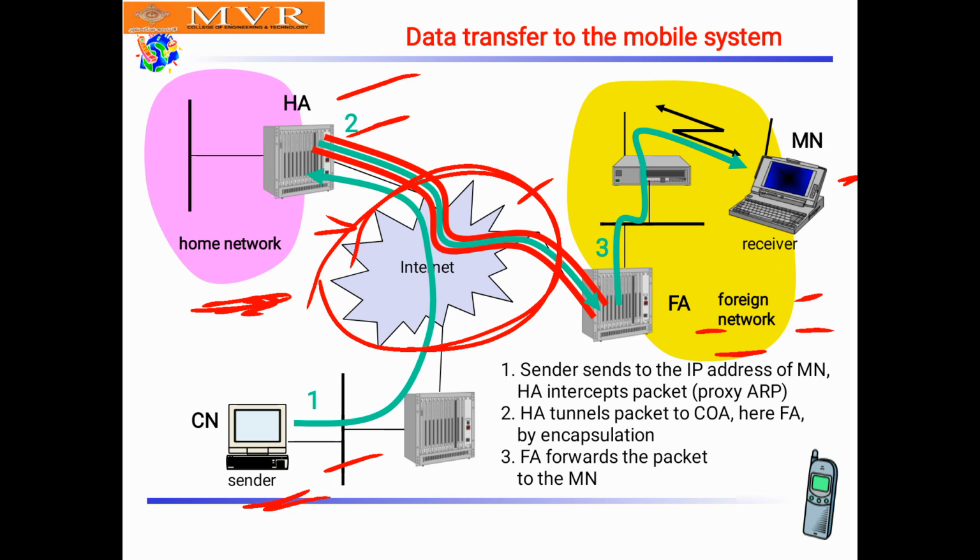So what is sent to the home address will be received from the foreign network, which forwards the packets to the mobile node. See, firstly the sender sends the information and it will be moved to the home network, then it will be moved by using the internet to the foreign network. In this foreign network it again forwards the packets to the mobile node.